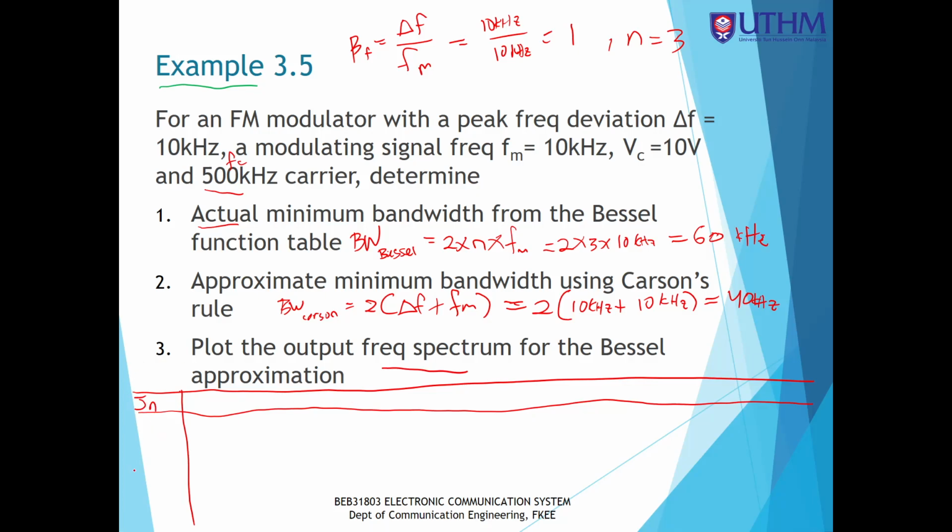Remember Jn for beta equal to 1, so you get here J0 equal to 0.77.